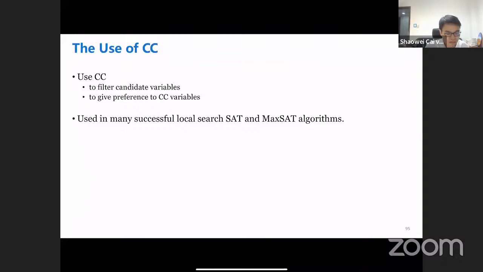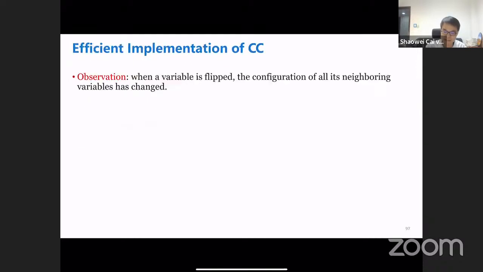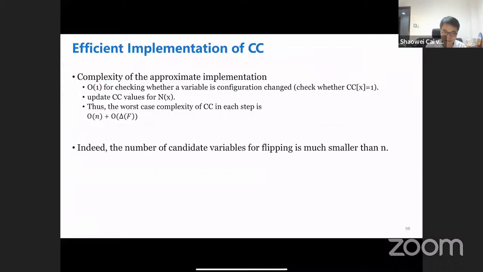Once we have the CC policy, we can use it to filter candidate variables, and we can also use it to give priority. This has already been used in many successful local search SAT and MaxSAT algorithms. It also depends on an efficient implementation. The accurate implementation is too naive and requires a high complexity, and we got an efficient implementation that lowers it to linear complexity.